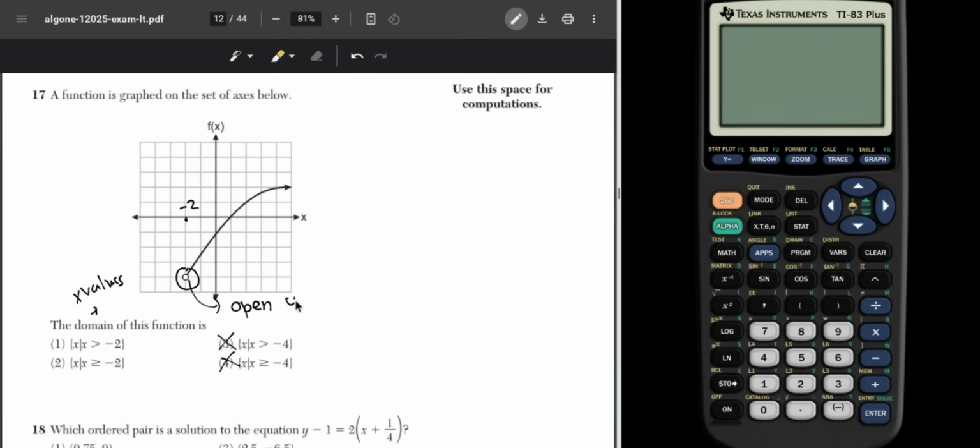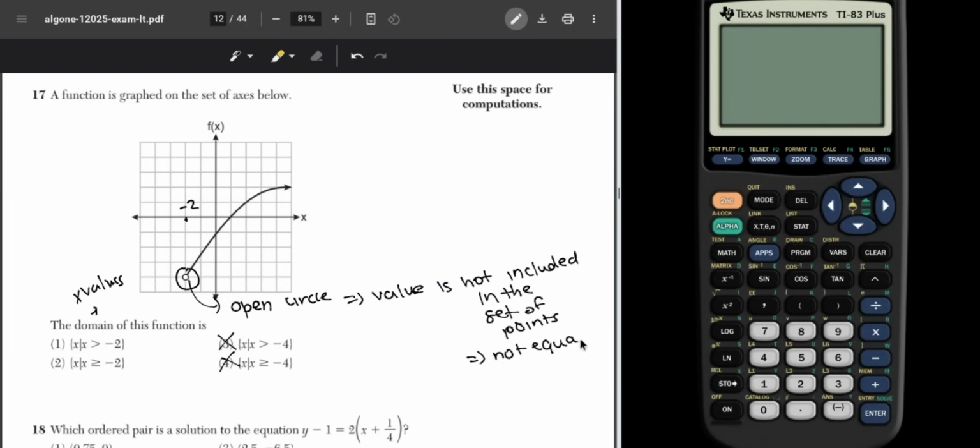An open circle means that that value of x, or that value in general, is not included in the set of points. In other words, it is not equal to. So if the values of x are not equal to -2, then I know it cannot be answer choice number 2, and therefore for question 17, the answer is answer choice number 1.